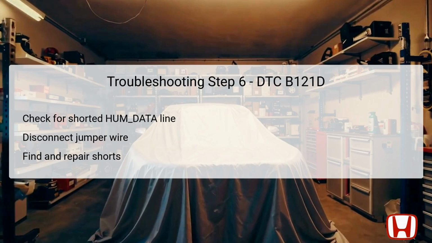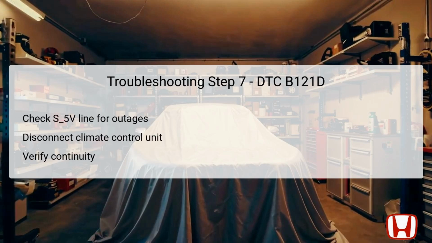If continuity is present, this reveals a short in the yellow wire segment and necessitates repairs to eliminate the short to body ground. Should continuity not be found, check the LTBLU wire instead, which also connects the climate control unit and humidity sensor. In either case, timely and accurate repairs are essential to restore proper operations.